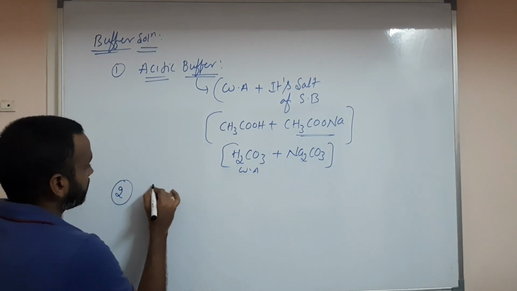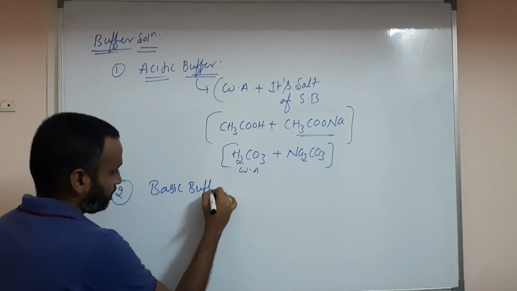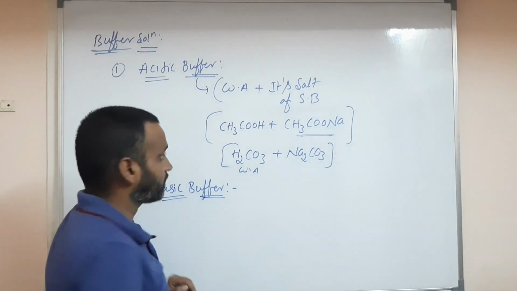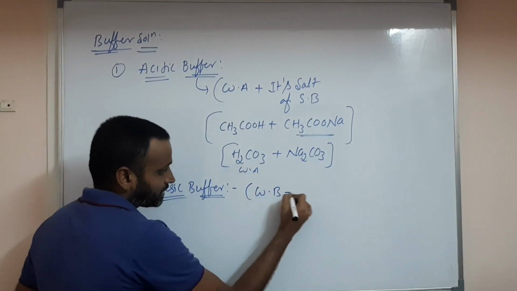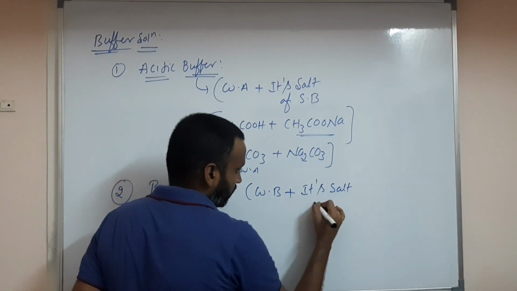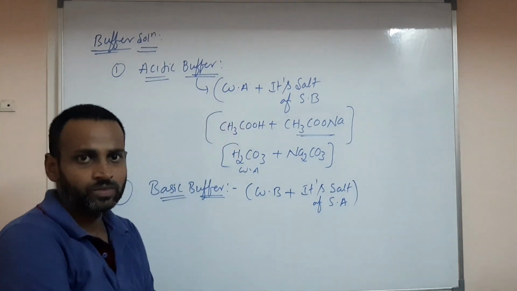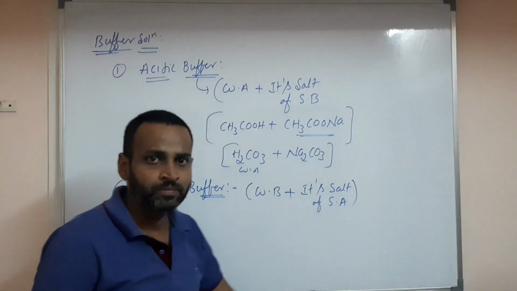This is about acidic buffer. Second one is basic buffer. What is a basic buffer? A weak base and its salt of a strong acid. So this is very, very important for us.